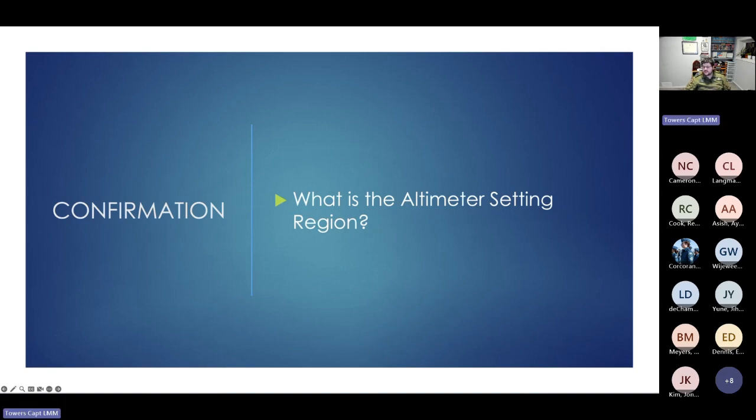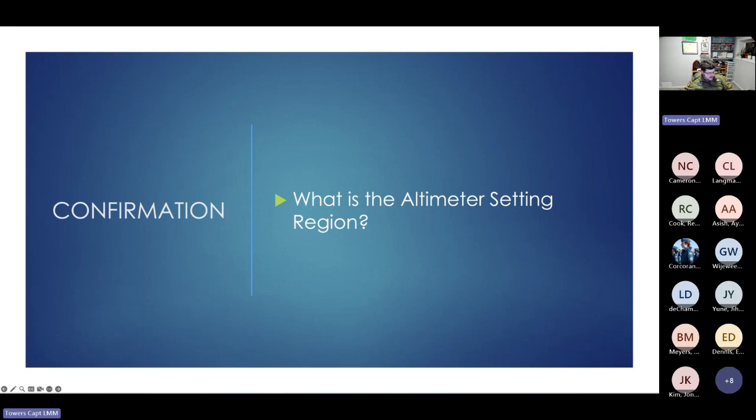Can anyone tell me what the altimeter setting region is? Yes, it's the southern domestic airspace and anything below 18,000 feet. So that's defining the area of it.